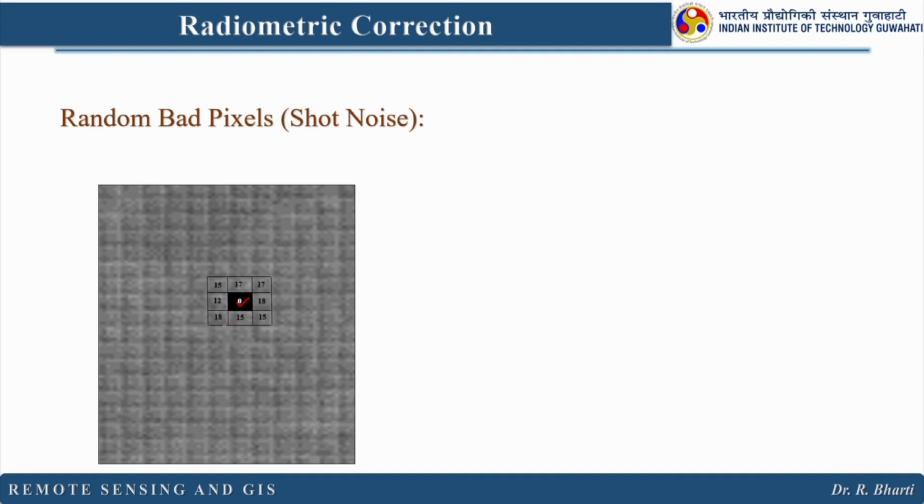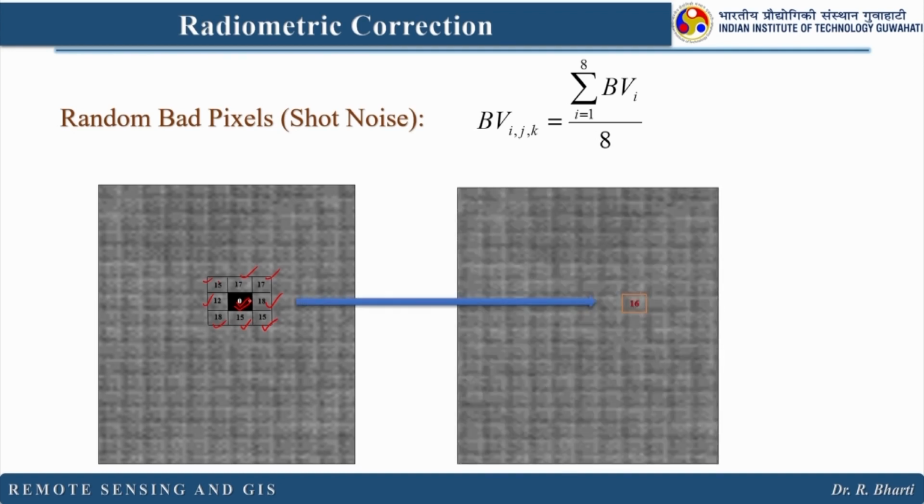So in that case we will take the surrounding values, calculate the average, and then replace the central pixel value, this 0 value, with the calculated value. This will be something like 60, right? I hope you have understood this one.